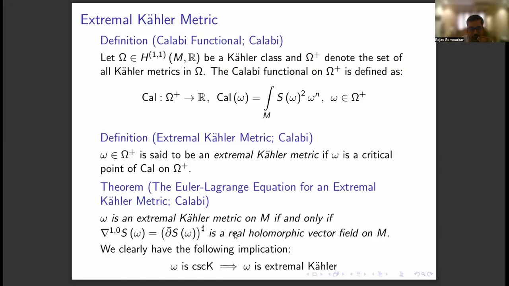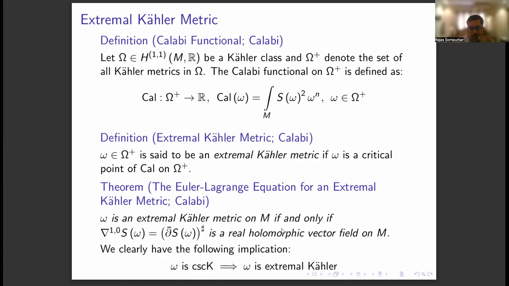And then over here, this real holomorphic vector field simply means that, like we saw, the real tangent bundle can be canonically identified with the holomorphic tangent bundle by the identifications that del by del zi maps to half of del by del xi, and square root of minus 1 times del by del zi maps to half of del by del yi.